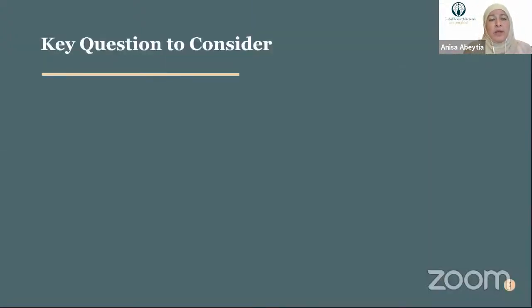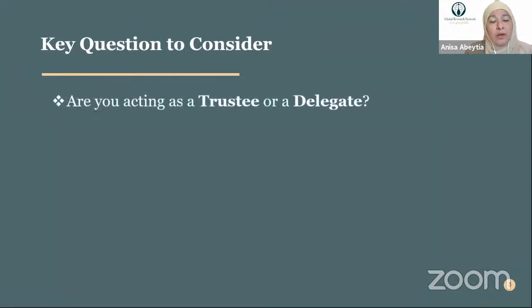So some key quick questions to consider before you start writing. One, are you acting as a trustee or as a delegate? What are these two terms? When city managers or elected officials think about and strategize how they're going to approach a particular problem, they think about, am I a trustee or a delegate? A trustee is someone who isn't representing a specific group or a specific interest.